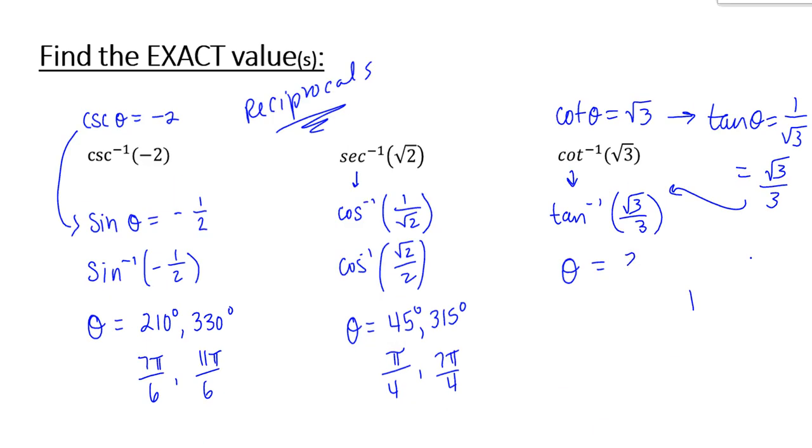So 30 degrees and 210 degrees, or pi over 6 and 7 pi over 6. Okay, inverse trig functions. That's what we're going to use to help us solve these equations. So let's practice.